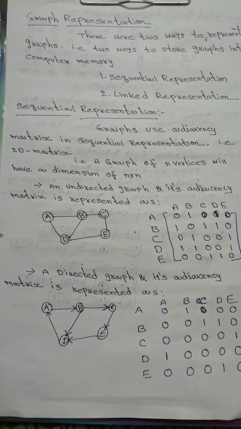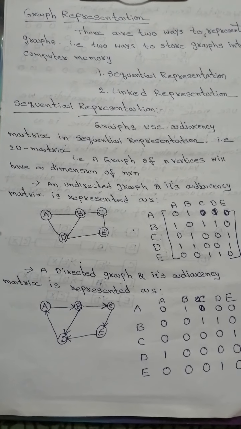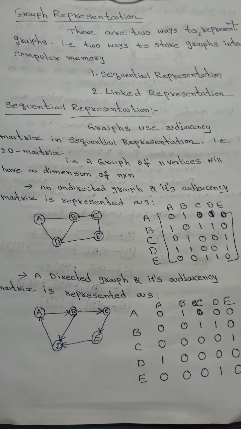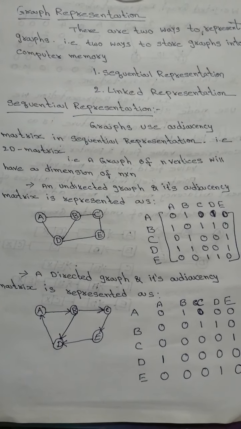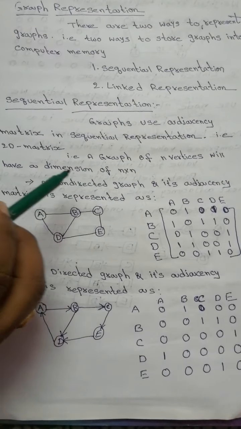A two-dimensional array is represented in the form of rows and columns. How many rows and columns depends on the vertices, how many vertices we have.